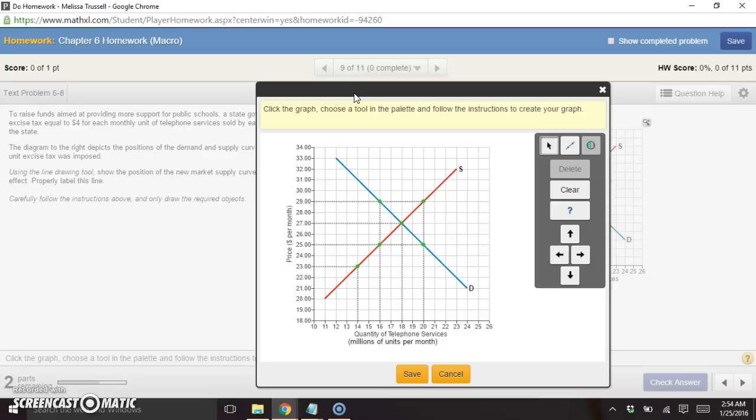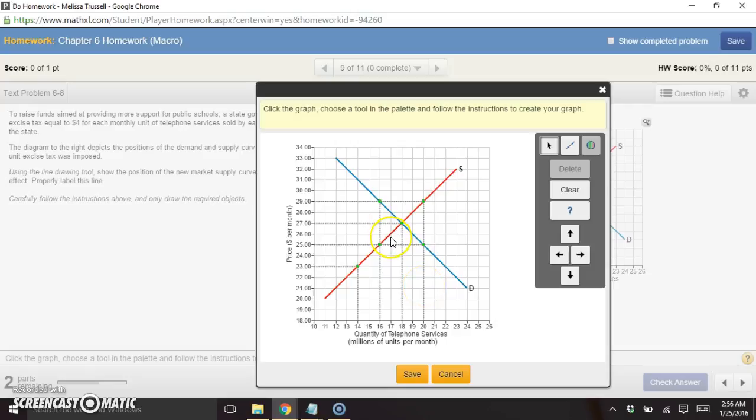So the supply curve is going to shift to the left because the cost to the supplier of providing the good is now more expensive. And remember, that's one of the things that will shift the supply curve to the left: when the cost of producing something is greater. Makes sense, right? The more it costs to make it, the less you want to make as a supplier.